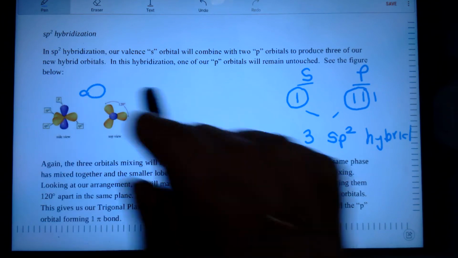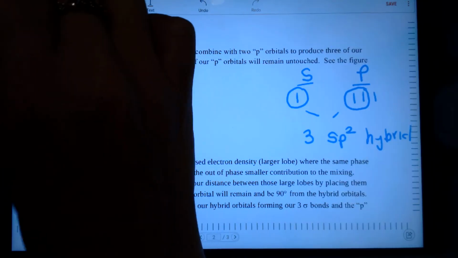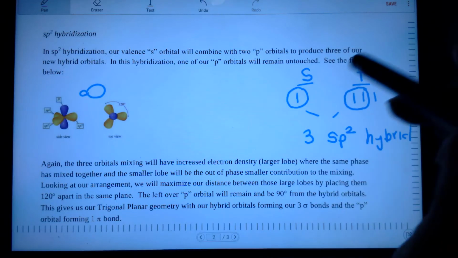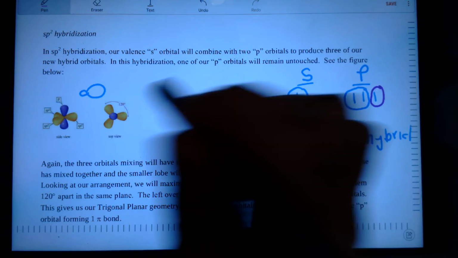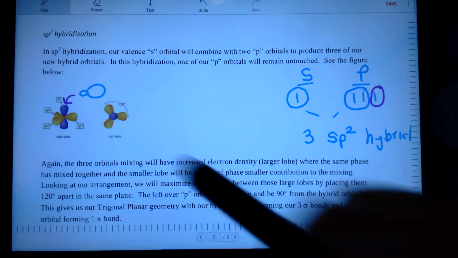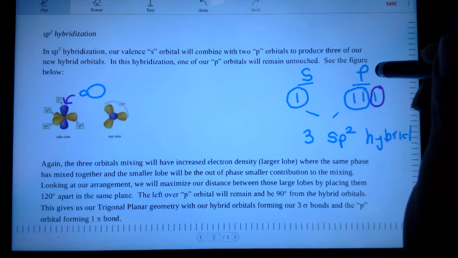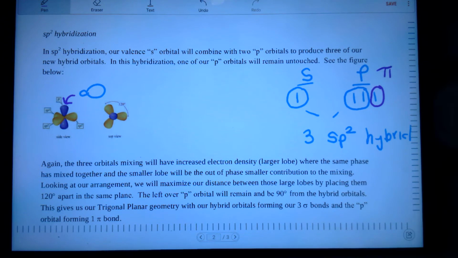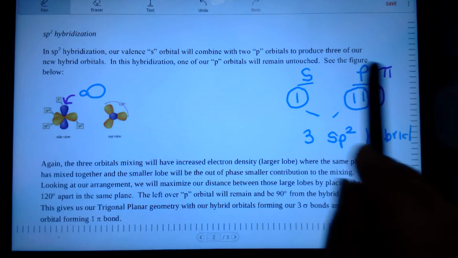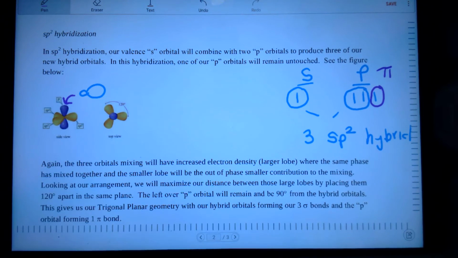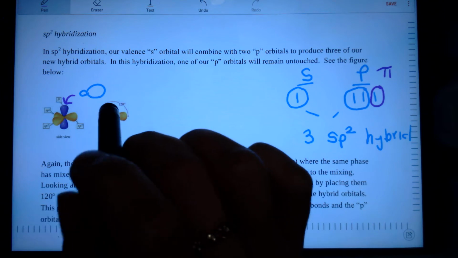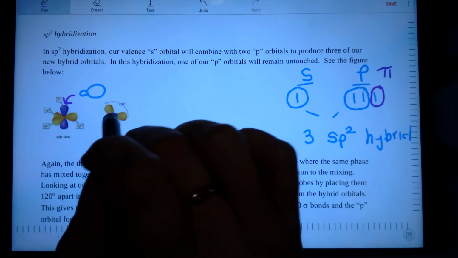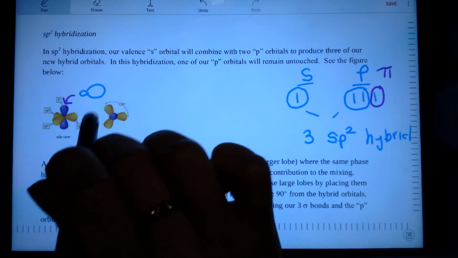We have left one p behind, which is purple in this picture. That purple p is unhybridized and is left to form pi bonds. Typically we see this arrangement, and there's generally a double bond formed because you have a p left for a pi bond.